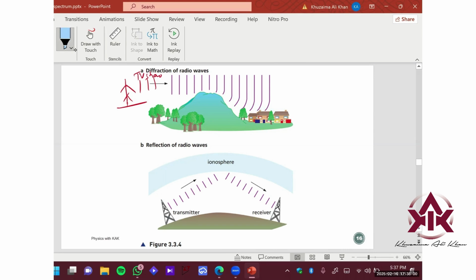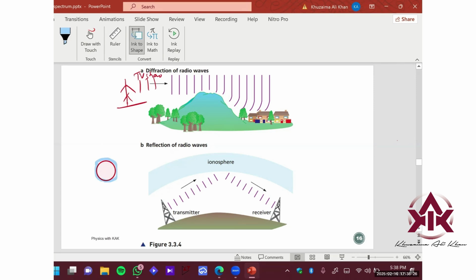If we recall, our Earth has an atmosphere, and at the boundary of the Earth we have the ionosphere, which blocks out the harmful radiation of the sun. Let me draw it.